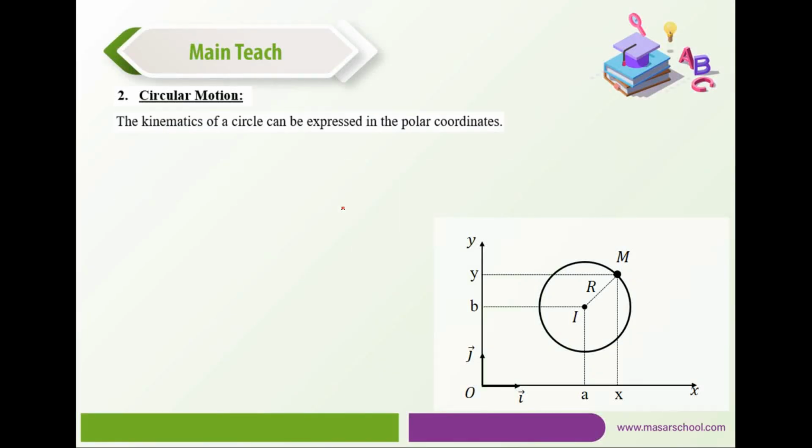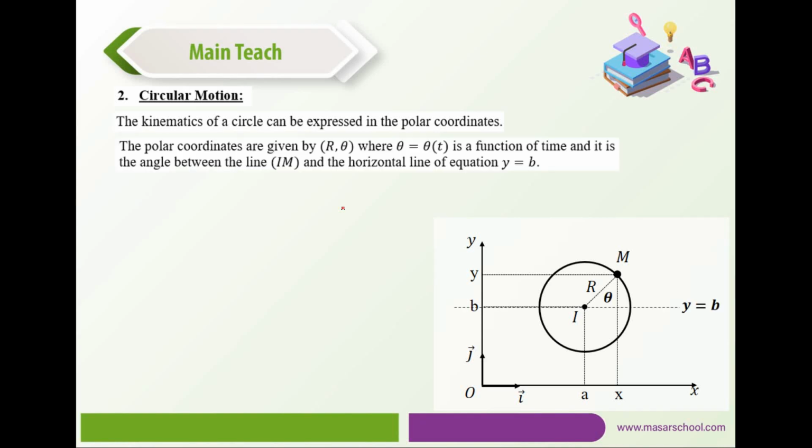Now the kinematics of a circle can be expressed in polar coordinates. The polar coordinates are given by r, theta, where theta is a function of time and it is the angle between the line IM and the horizontal line of equation y equals b. Now previously all of the motions have been represented in what is known as the Cartesian coordinates x and y.